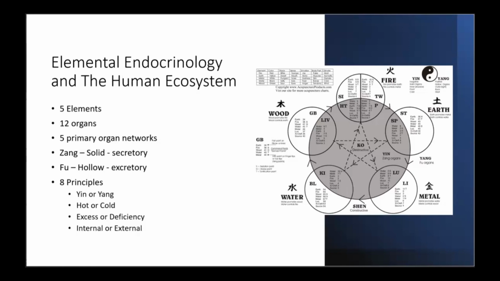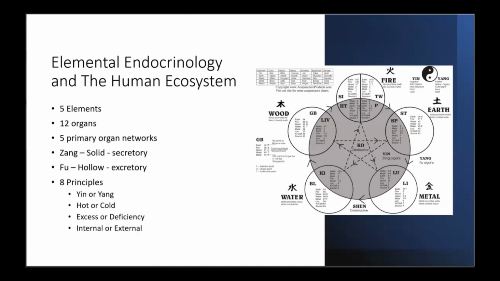And the thing about this that is so cool is that with every organ system, there's a solid organ that's a secretor that secretes hormones, that secretes all kinds of things that the body uses to communicate. And then the paired organ is hollow, and it's an excretor. It releases what the body's not using. So like the lung is the secretor, and then the large intestine is the excretor.